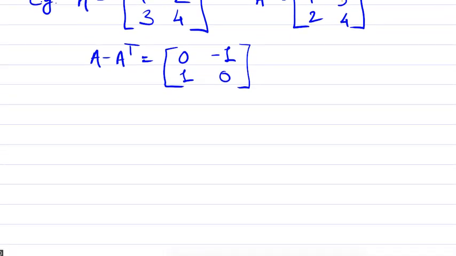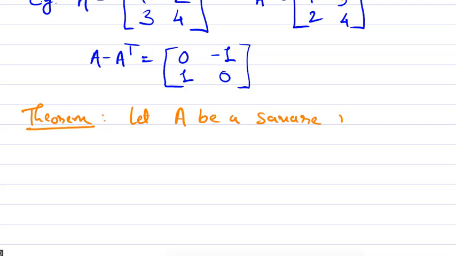So let's prove that. I am posting it as a theorem: let A be a square matrix, then A minus A transpose is a skew-symmetric matrix.